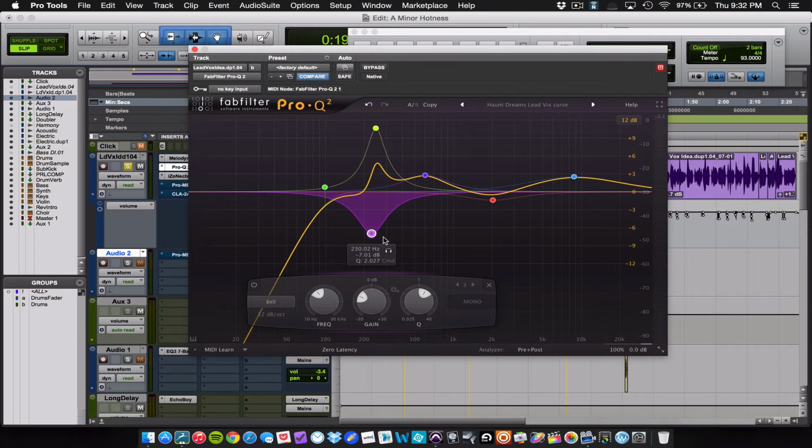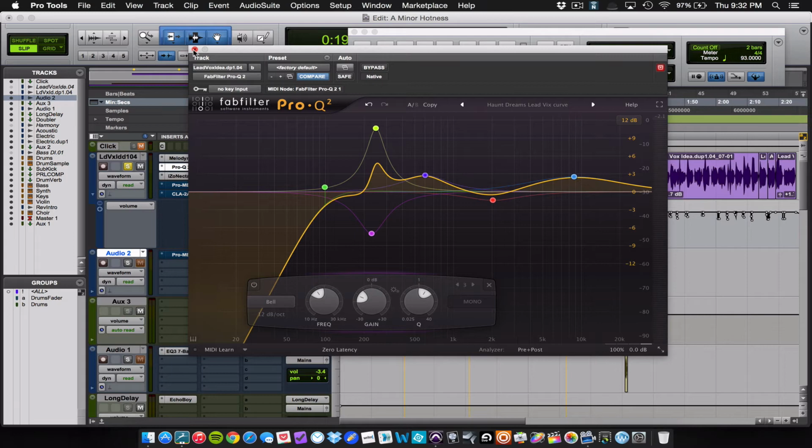So what people started doing is they started automating EQs to bypass and unbypass just for that note, just at that frequency. That's certainly a way to do it, but that is kind of a pain in the ass, and it's going to take you a while.